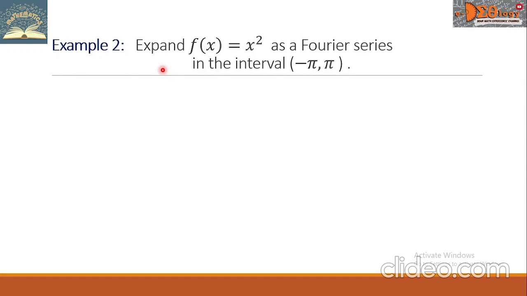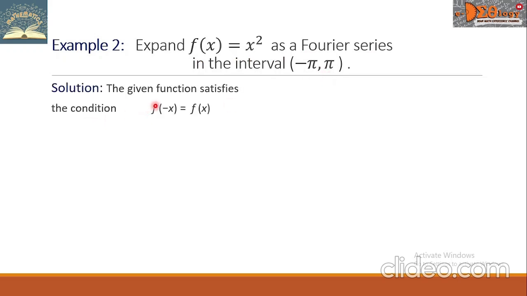Example 2. Expand f of x equals x squared as a Fourier series in the interval from negative pi to positive pi. The given function satisfies the condition f of negative x equals f of x. That means this function f of x equals x squared is an even function.